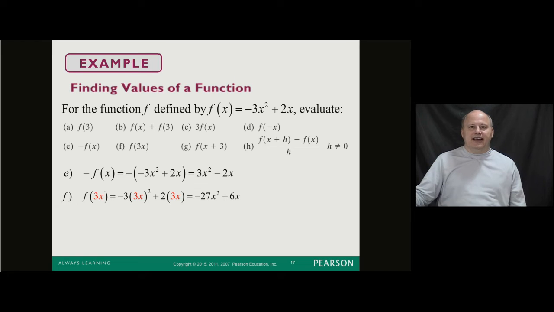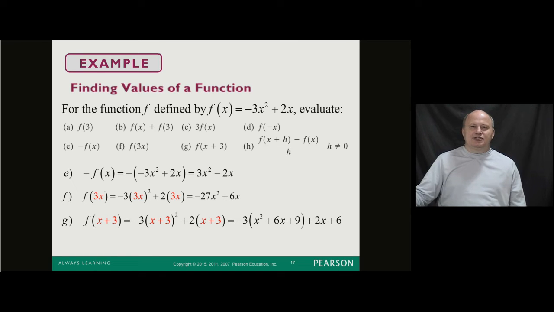Now let's look at G, f of x plus 3. Now you're putting in, this time, the expression x plus 3 as a whole. So x plus 3 is its new input. Look what happens. So f of x plus 3 is negative 3 times the quantity x plus 3 squared plus 2 times the x plus 3.